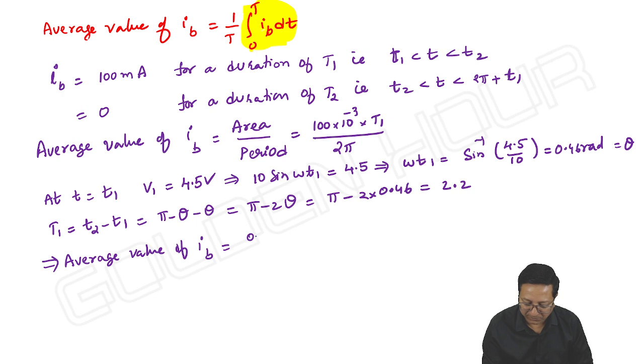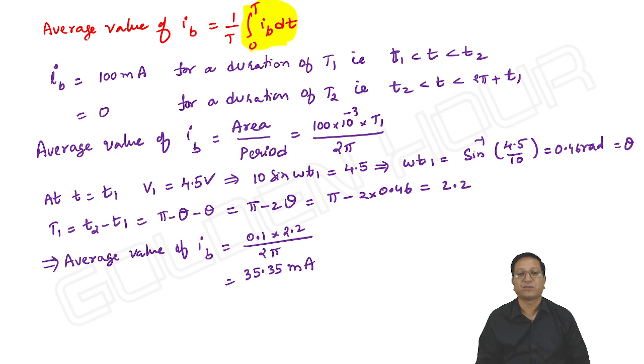It is equal to 100 into 10 power minus 3, that is 0.1, into 2.2 by 2 pi. If you calculate it, you will get around 35.35 milliamperes. 35 milliamperes you can write it. Of course, you can take it, not an issue. This is how we can calculate the average value of the current through the diode D2.